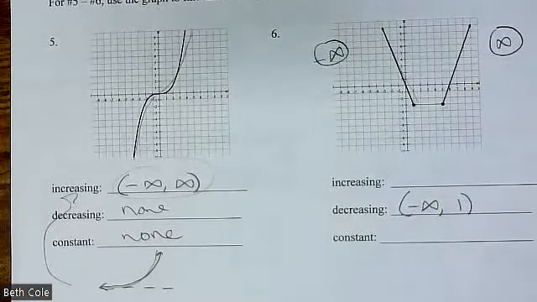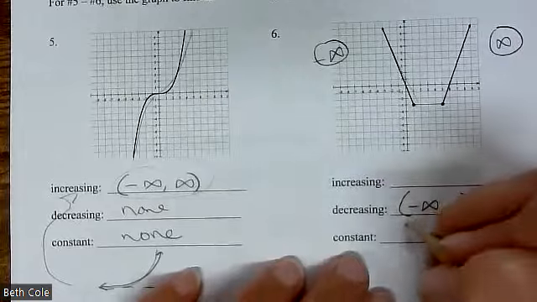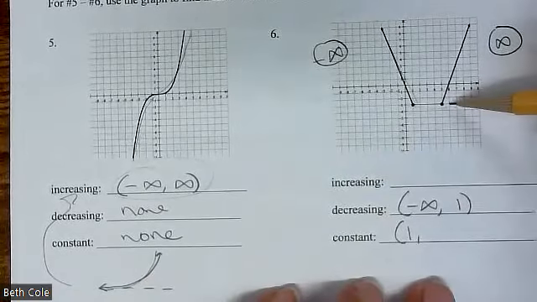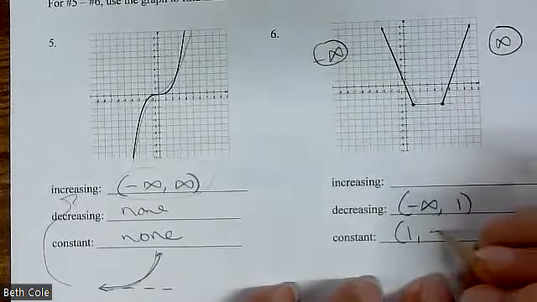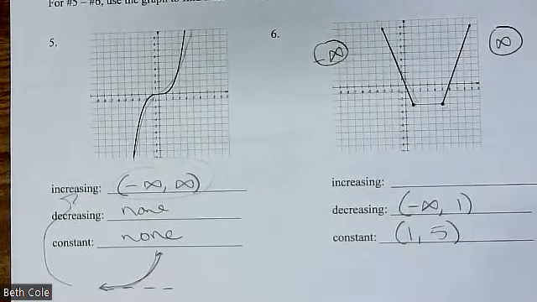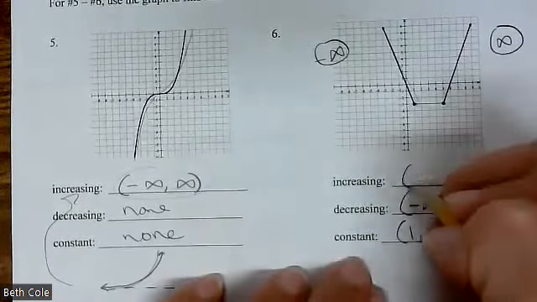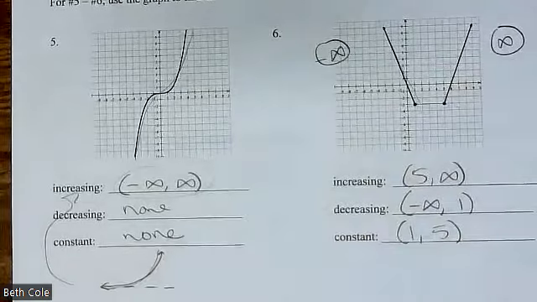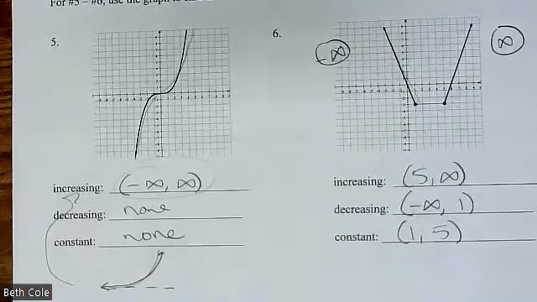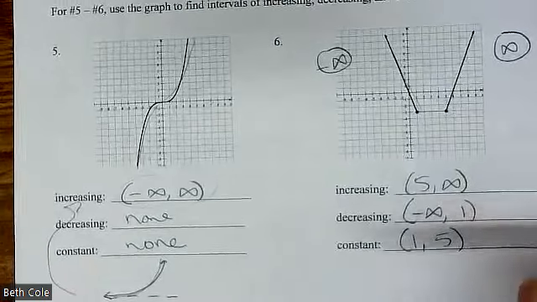Because it's left to right. And then constant would be 1 until, what is that, 5? And then increasing 5 to infinity. Again, the only thing that gets messed up there is people accidentally write them on the wrong lines, so just be careful. That usually goes well, though.